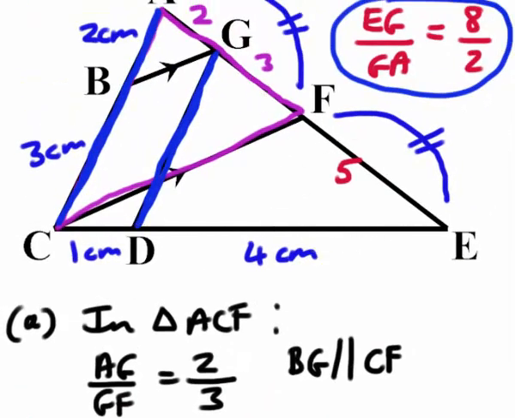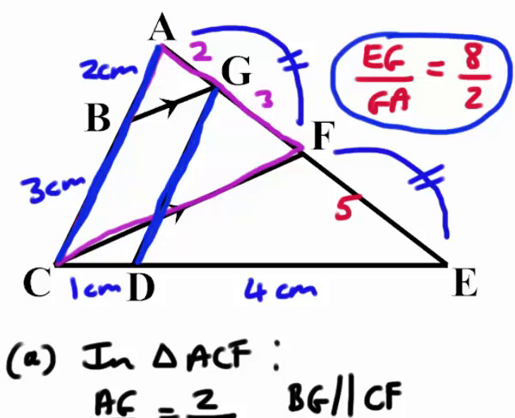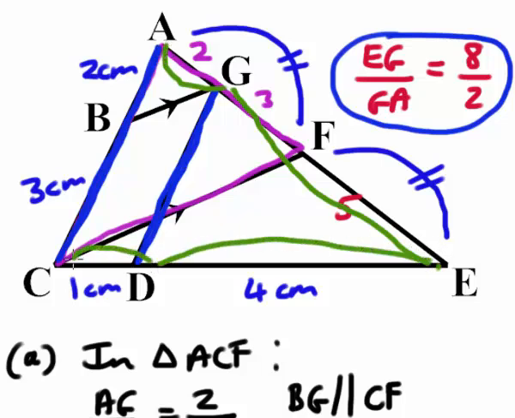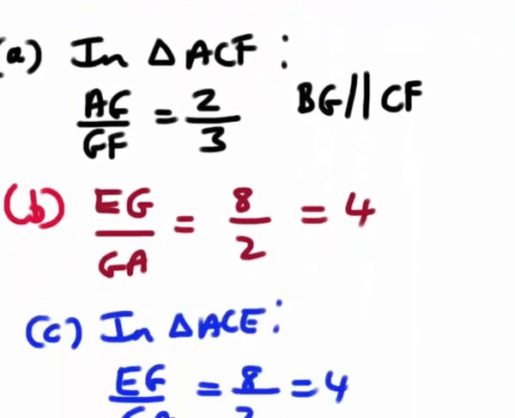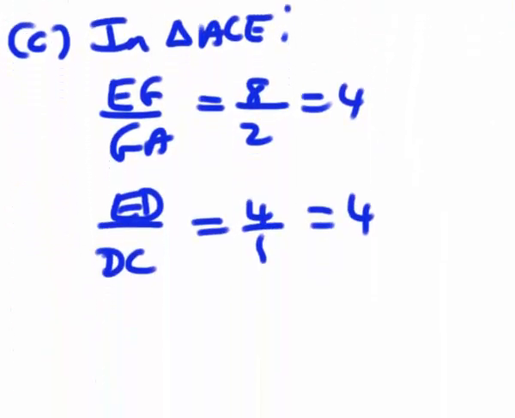So in other words, and this is the nice part of this, in this big triangle, look at this carefully, EG over GA is ED over DC. So those ratios are the same. So what can we then conclude?